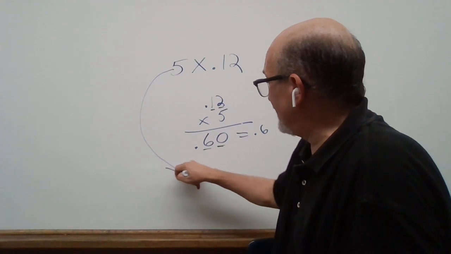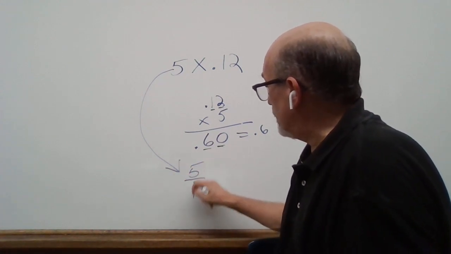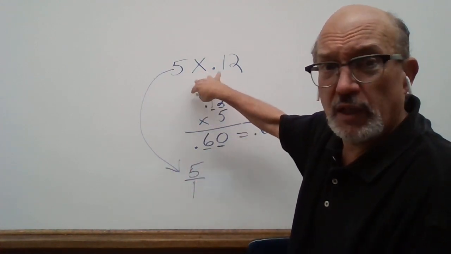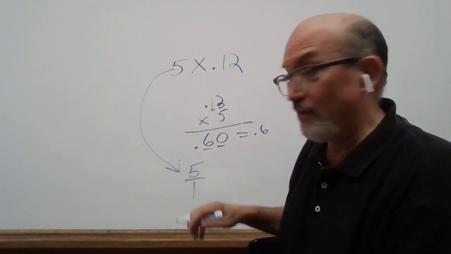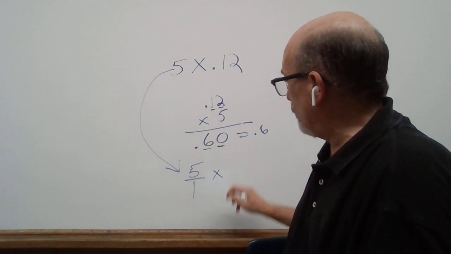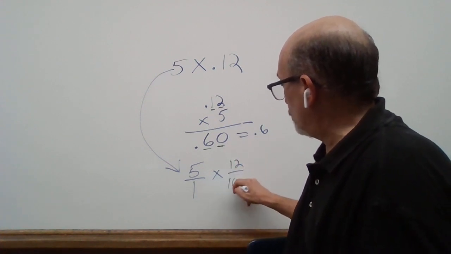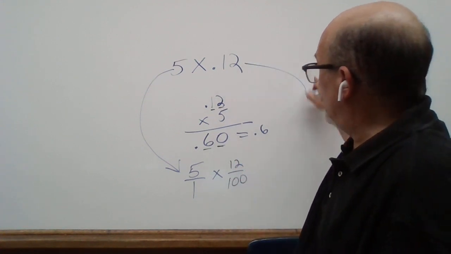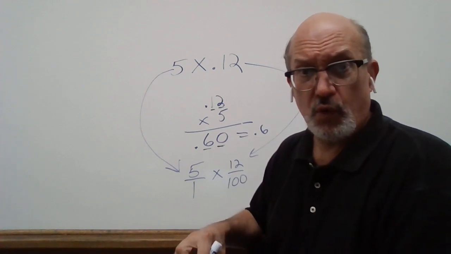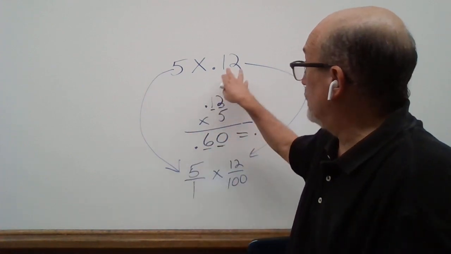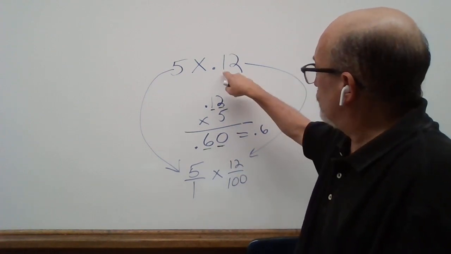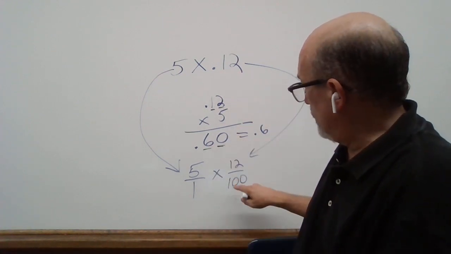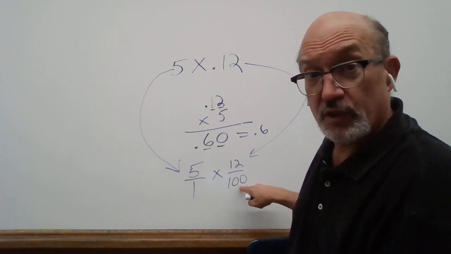Now, why is this the case? Because these decimal numbers here are really fractions. When you have a whole number, you can write it as a fraction, 5 over 1. So we have 5 over 1 times 12 over 100. This 0.12, of course, is 12 over 100. You see a 1 and a 2? The numerator is 12. You've got 2 digits to the right of the decimal point, so you've got a 1 followed by 2 zeros here.